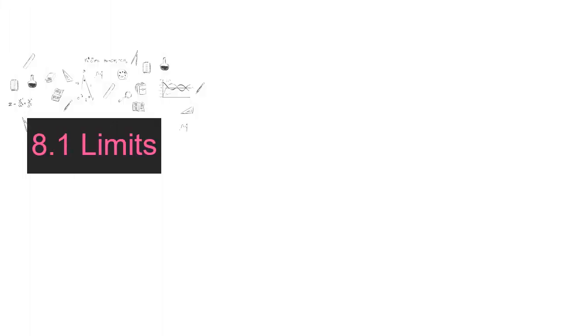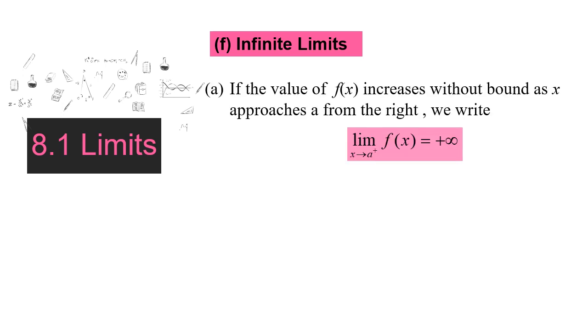Okay, so the next learning outcome is to find the infinite limits. What is meant by infinite limits is that when we try to find the limit, the value of the limit is equal to positive infinity or negative infinity. So, if the value of f(x) increases without bound as x approaches a from the right, we write the limit of f(x) as x approaches a from the right equal to positive infinity.